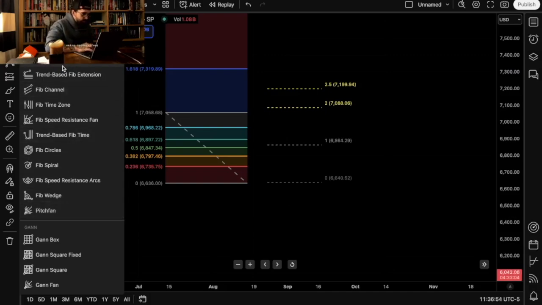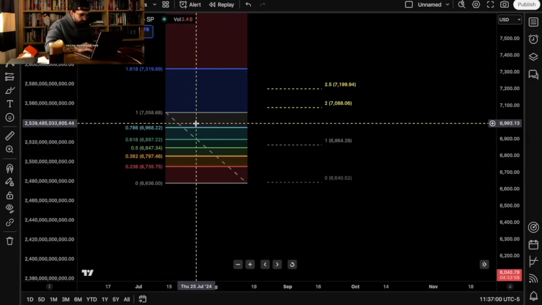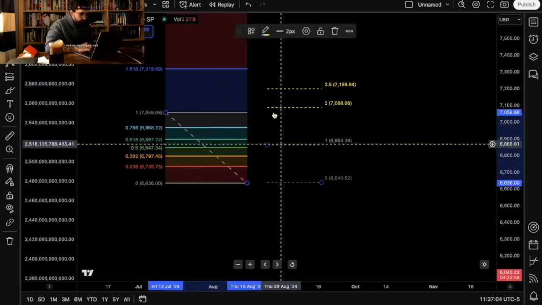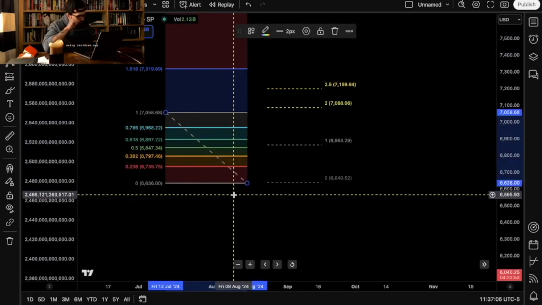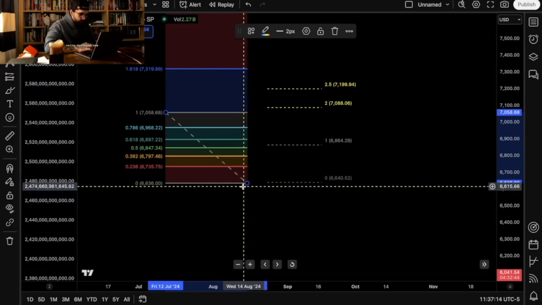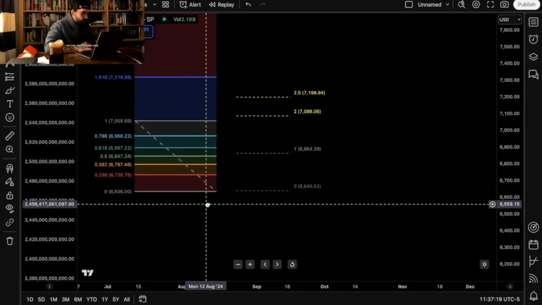Me personally, I just stick to the retracement, and with the retracement we can do lots of things with it. All right, so this one right here is going to be the default template that TradingView gives you, and it looks bad. There's a lot going on here that we don't necessarily need, and there's a lot of noise.